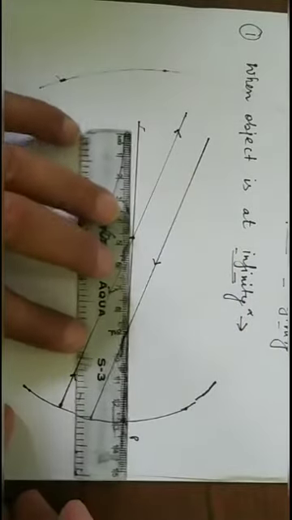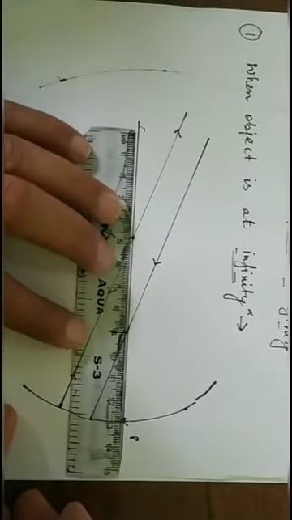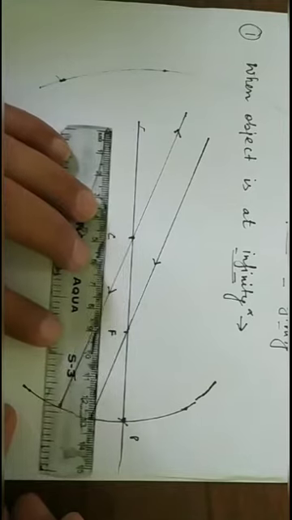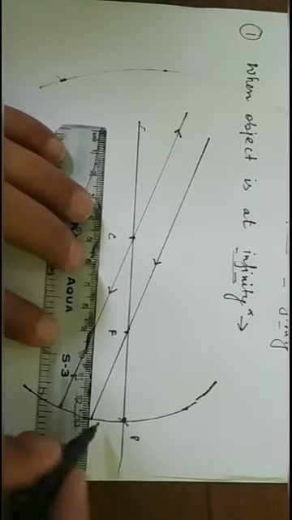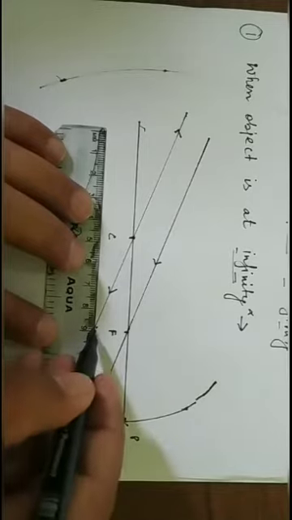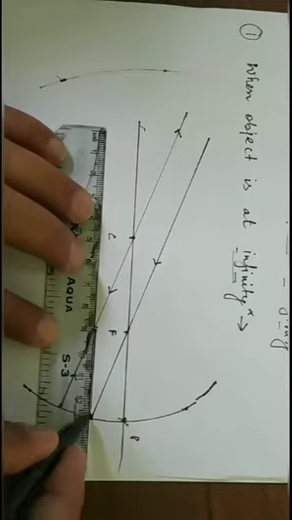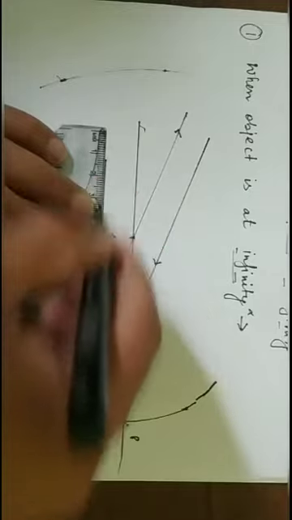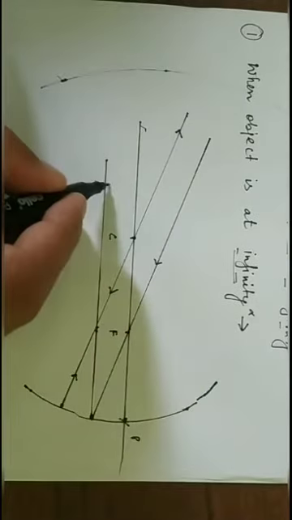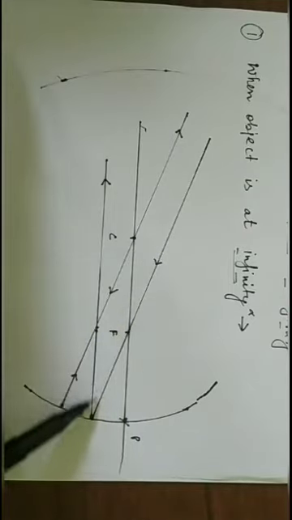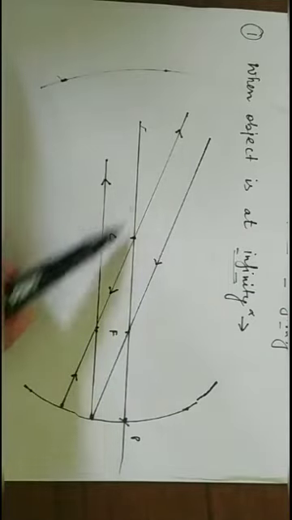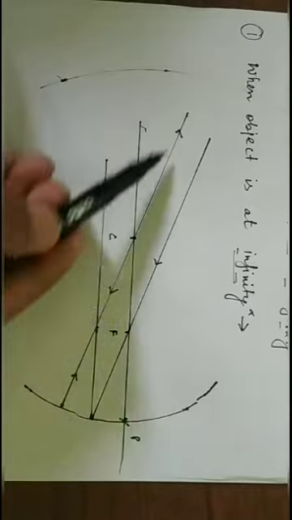So this is parallel to the principal axis. These two are the incident rays. This is the incident ray and this is your reflected ray. This is the incident ray and it comes back along the same path. This is your reflected ray.